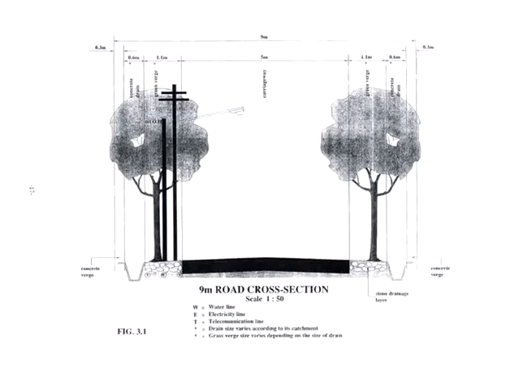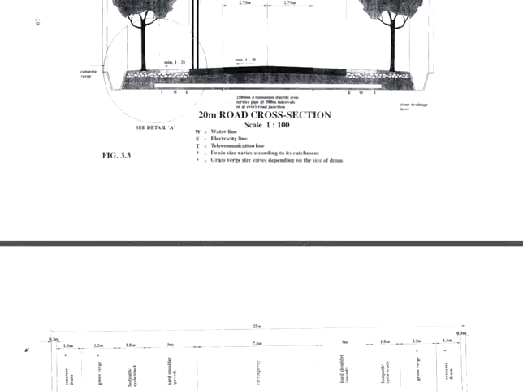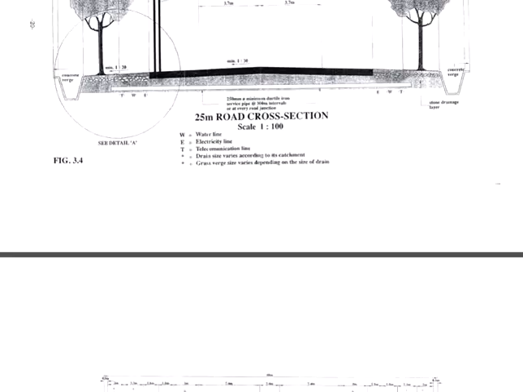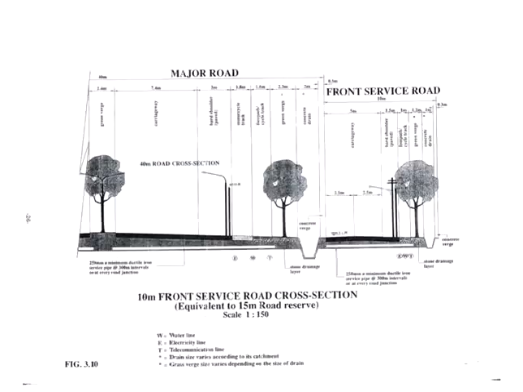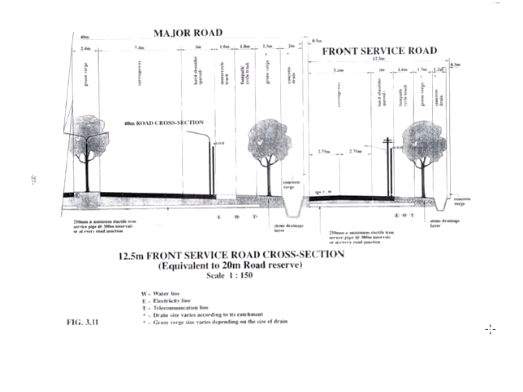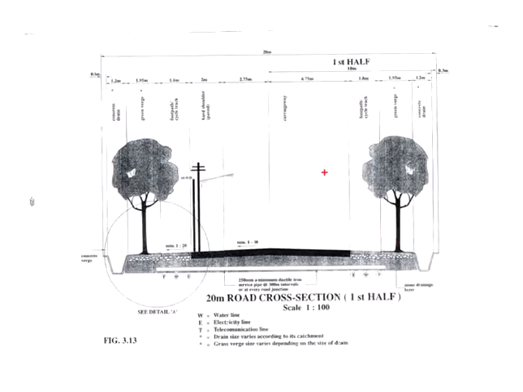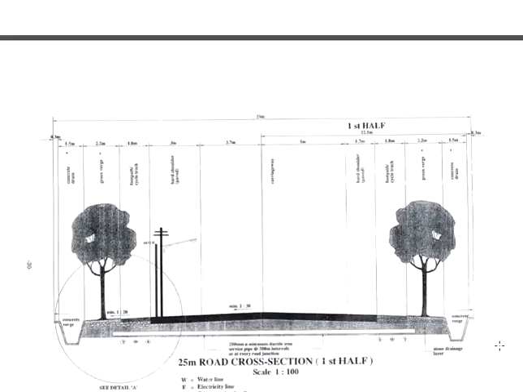Next is about how we're going to use the standard. You may refer to the specified width of the road reserve. There are various sizes, and then there are three main categories: constructions of the entire road section of various sizes, constructions of the front service road of different sizes, as well as the constructions of the half road, either the first half or the second half, of various sizes.